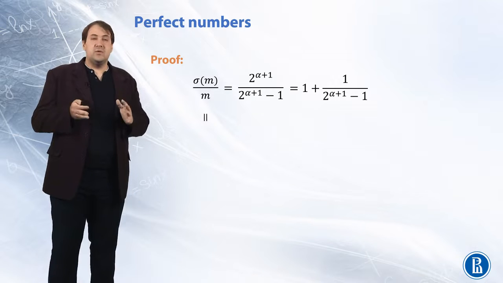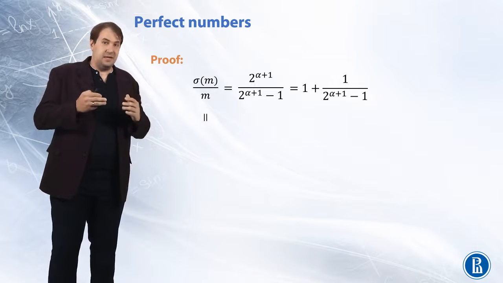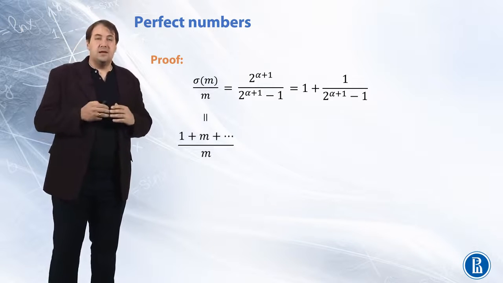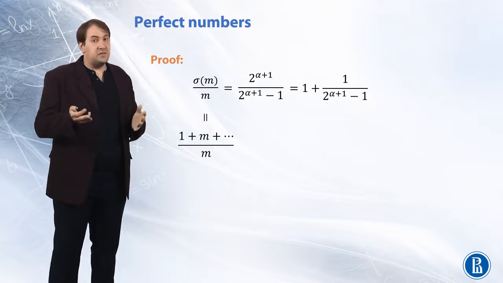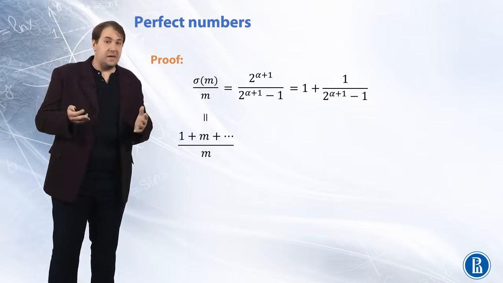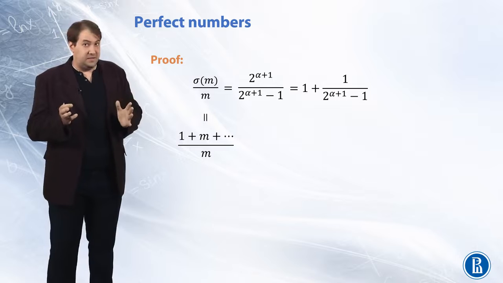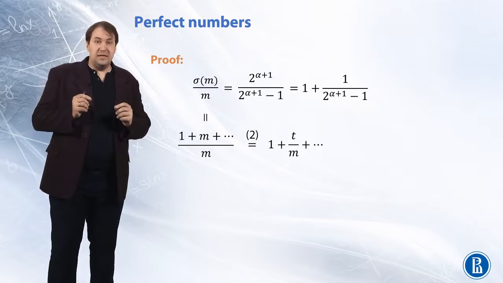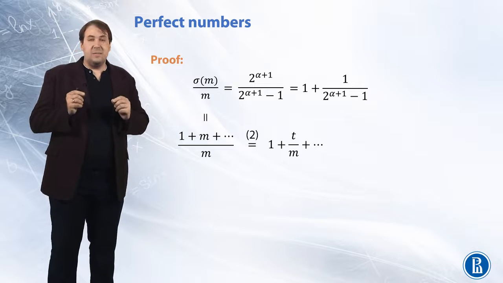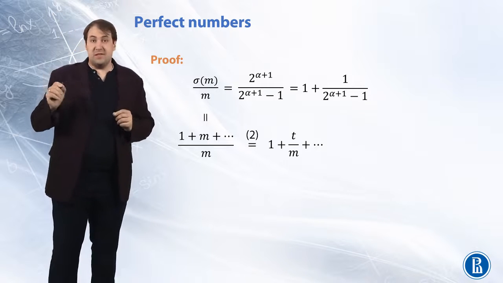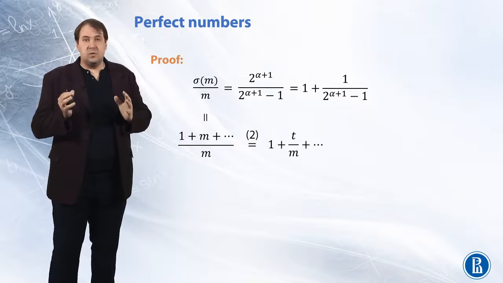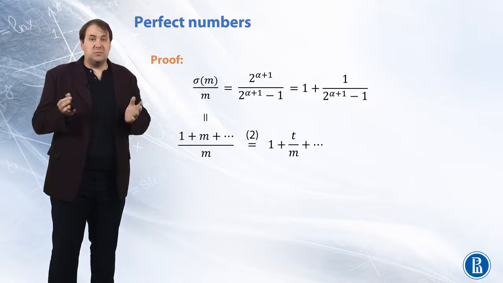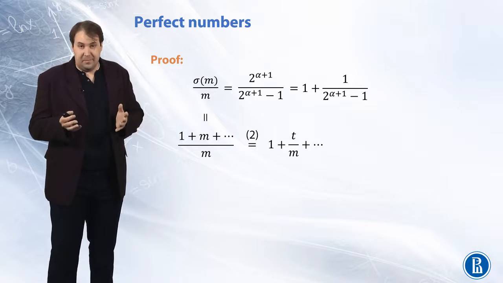And also we can rewrite the fraction that has m in the denominator and sigma of m in the numerator. We know that 1 is a divisor of m, we know that m is a divisor of m, and maybe m has some other divisors. Then, using the result from the previous slide, we can rewrite this as 1 plus t over m plus some other summands. What is t over m? Well, t is one of the divisors of m, and we clearly understand that t is not equal to m.